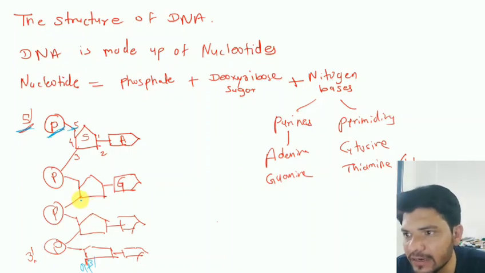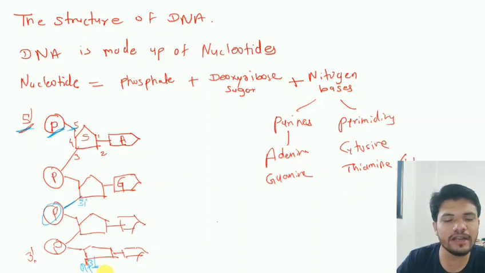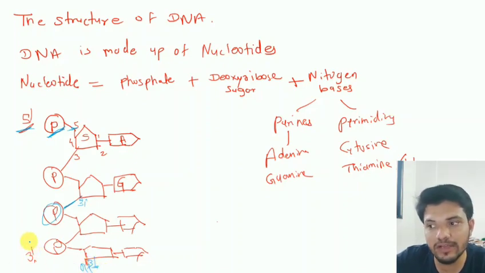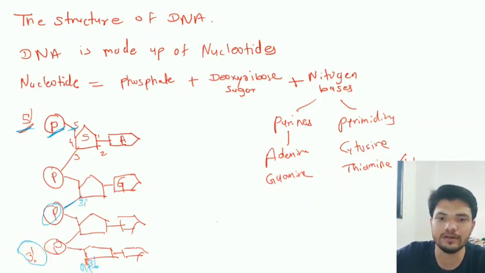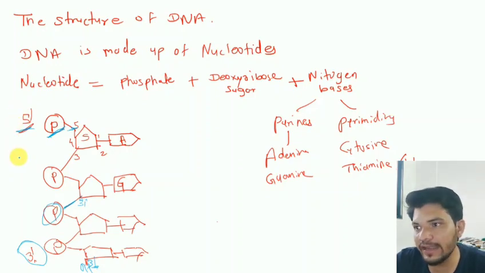That's why this end is called the 3' end. So DNA has two ends, the 5' end and the 3' end. I hope you all got the idea about the polarity of DNA.